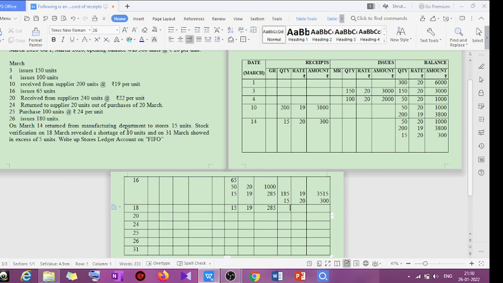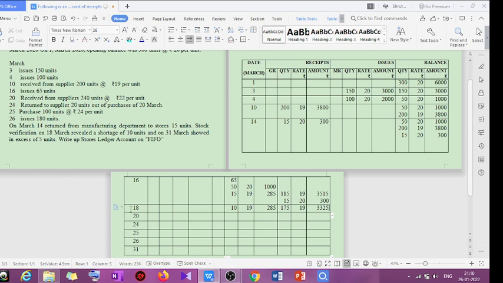One second. See, there is a shortage of 10 units. Sorry, there is a shortage of 10 units. Okay. So 185 minus 10 will be 175. Rate will be 19. So the balance amount will be this much. I hope it is clear to you. I'll repeat once again, students.